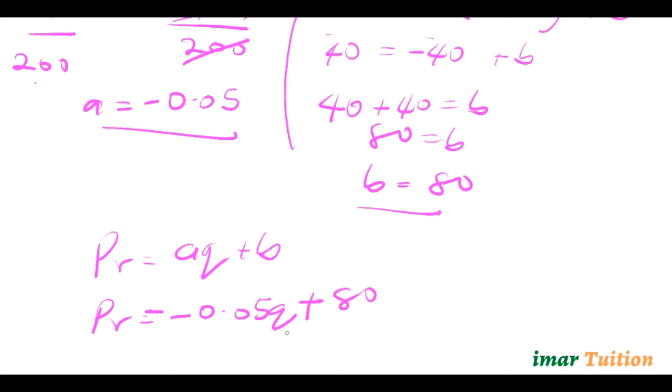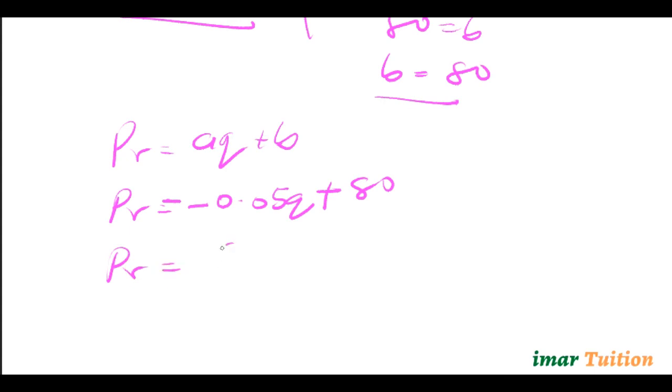B is 80. So this can also be written as price is equal to 80 minus 0.05Q. This is a demand function.